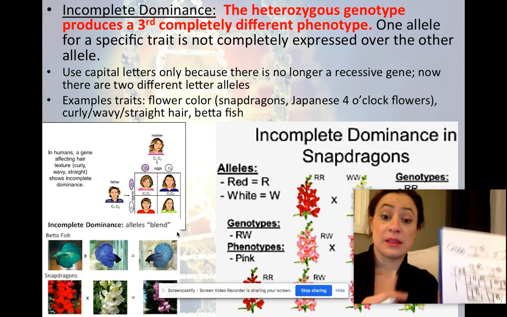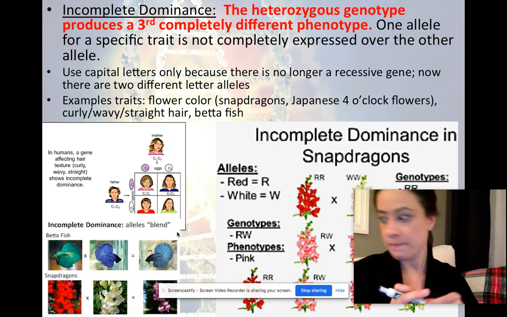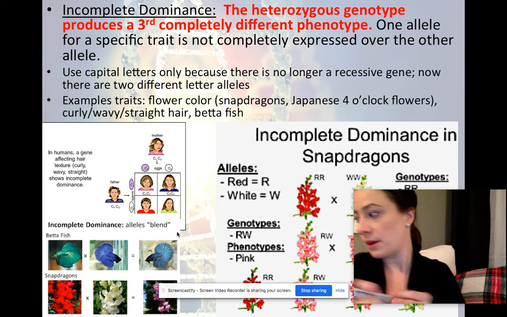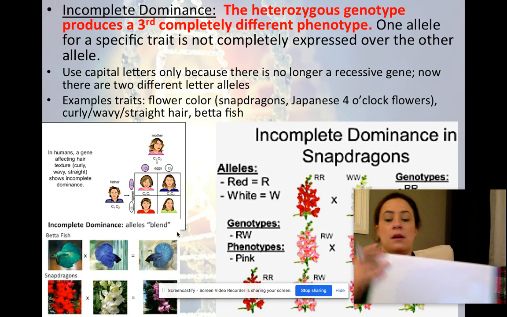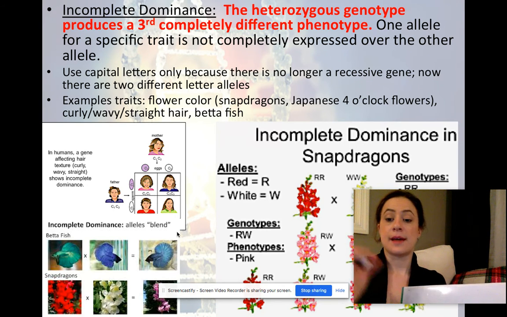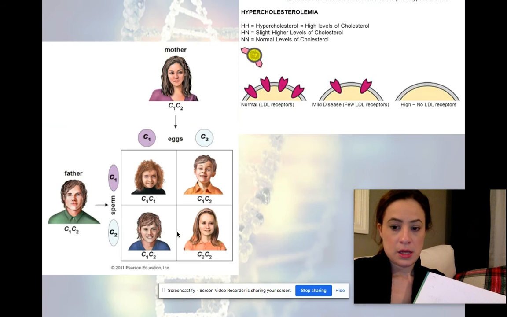So the next pattern of inheritance, and this is where we'll finish up today for this week, is something where there is a blend or a mixing of the two alleles.